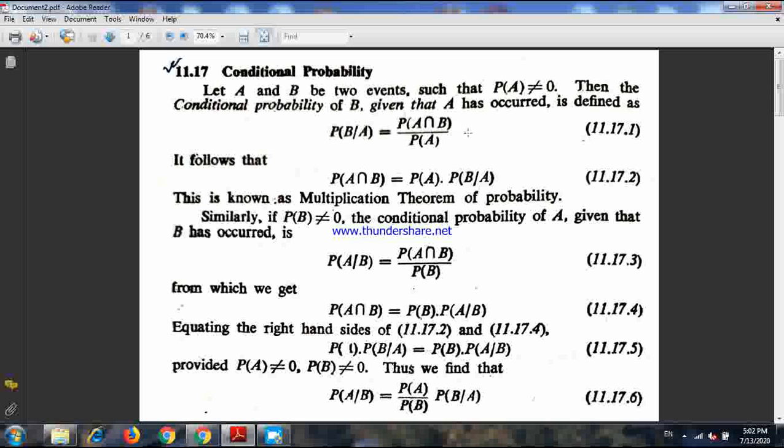This is the definition. Similarly, if P(B) is not equal to 0, the conditional probability of A given B is defined as P(A given B) equals P(A intersection B) divided by P(B), comma, P(B) not equal to 0. That's it.